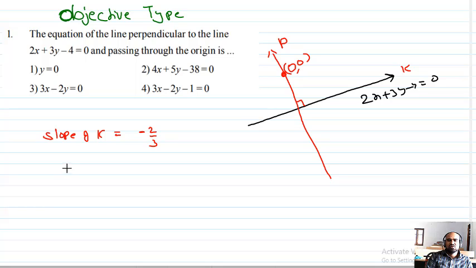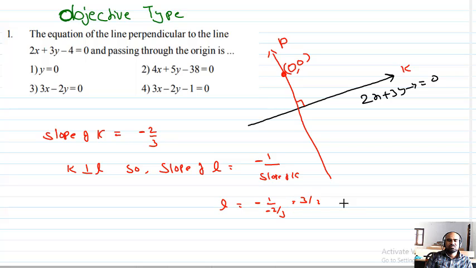Okay. K is perpendicular to L. So, slope of L equal to minus 1 by slope of K. So, L slope equal to minus 1 by minus 2 by 3. That is 3 by 2.